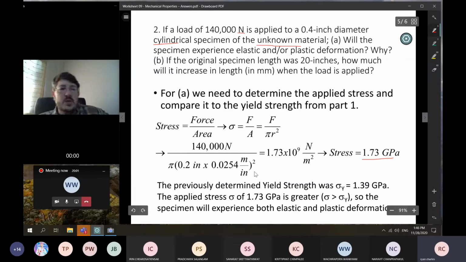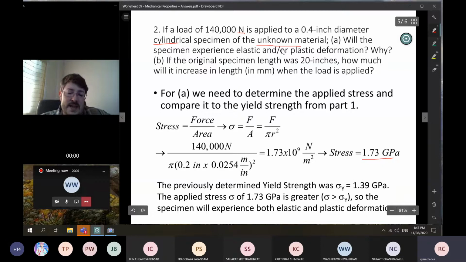All right? So we're applying a stress greater than yield, right? So it should have plastic deformation, right? But this question, this was a bit of a, I don't want to say a trick question. Again, if you looked in the book, you would have seen this question very similar to this.